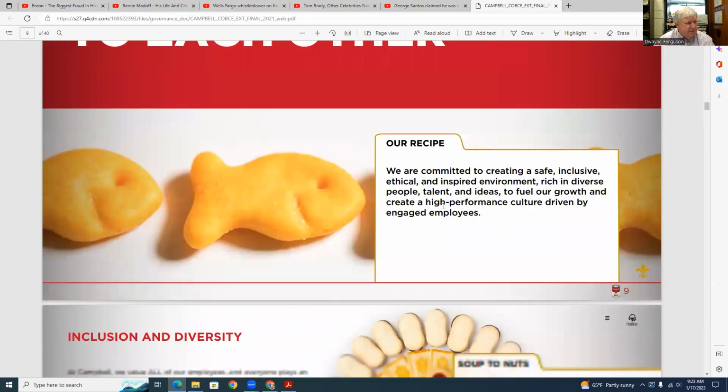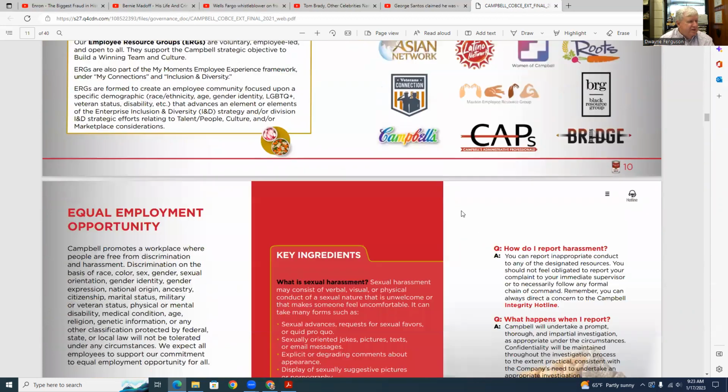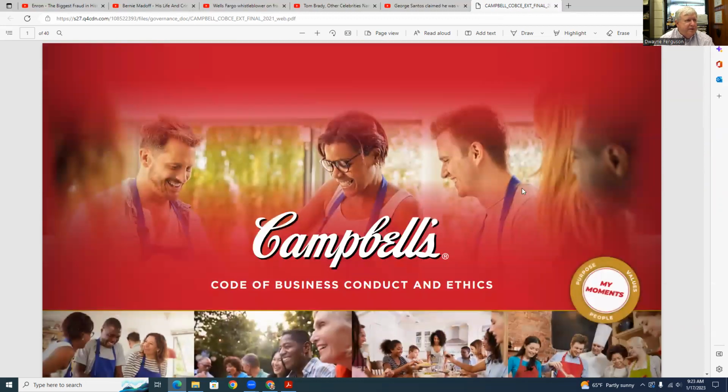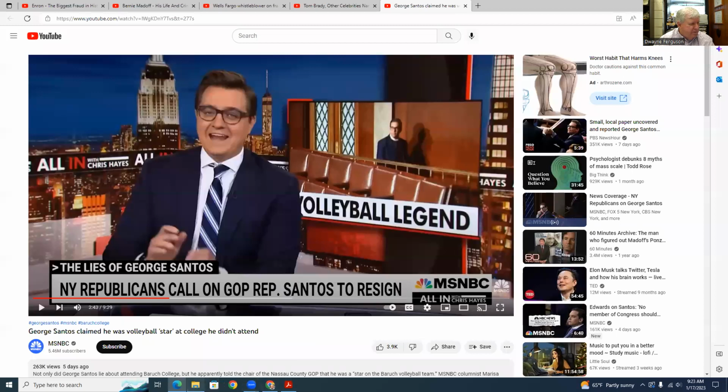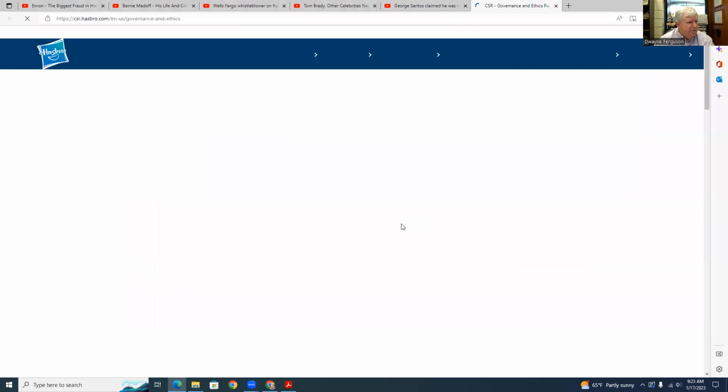This code of ethics, again, would be posted everywhere on their website, in their place of business, so people would see it. So this is a good proactive way for companies to do it. Now I've got a bunch more. Here's one from Hasbro.